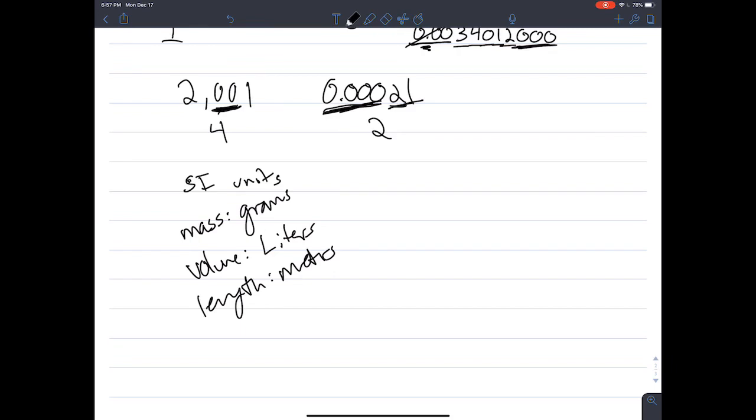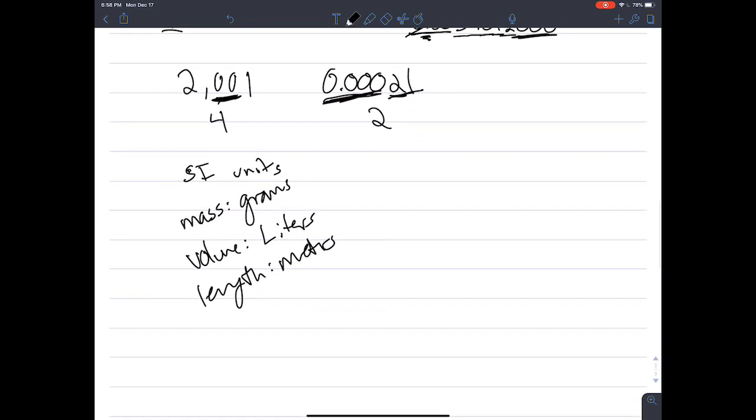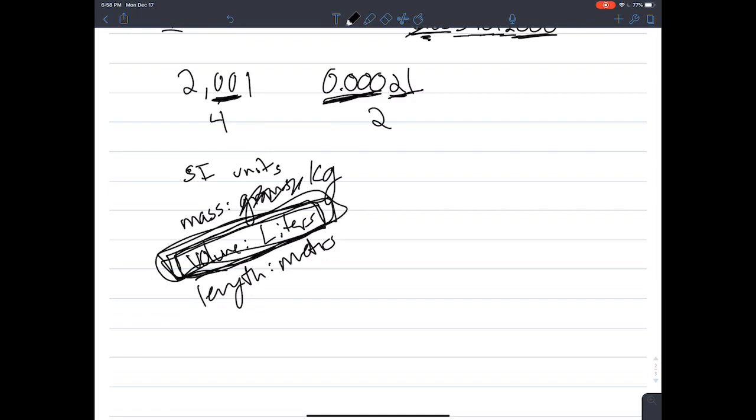And stuff like that. Actually, for mass, it's kilograms. Yeah, that's on the poster in the room. Volume is not on the poster in the room, though. So make sure you know volume is liters, volume is liters.